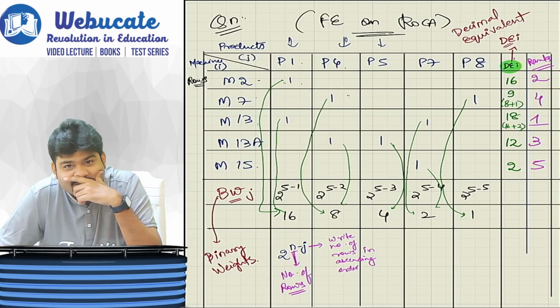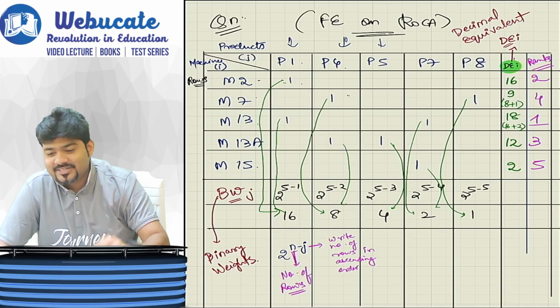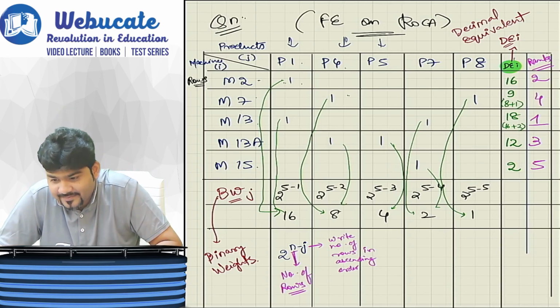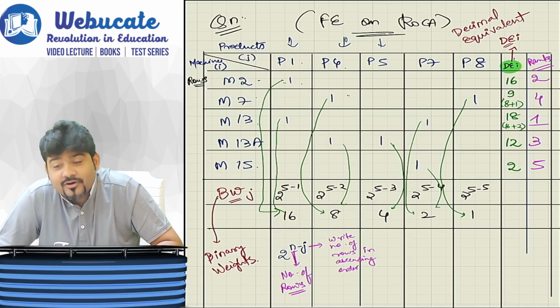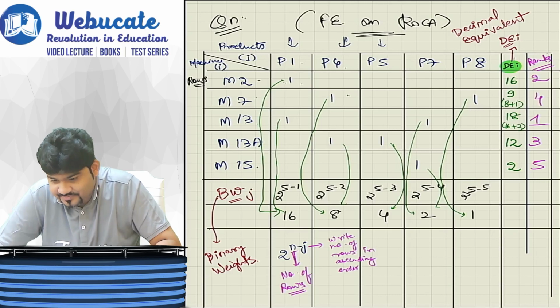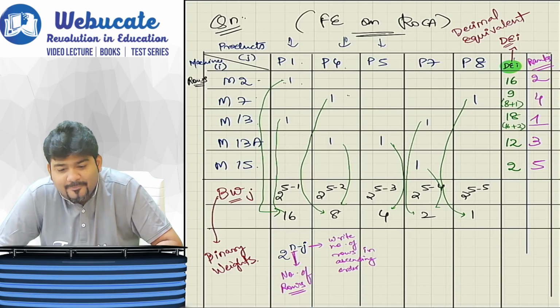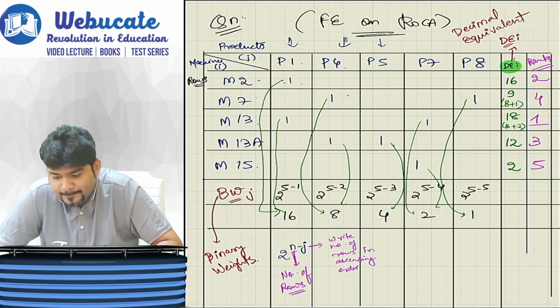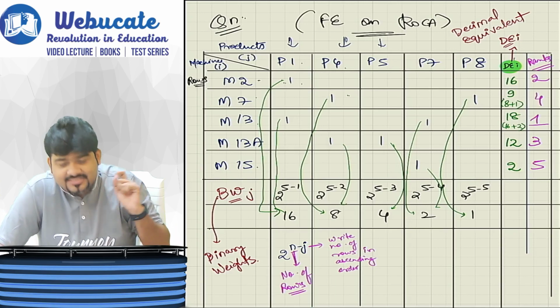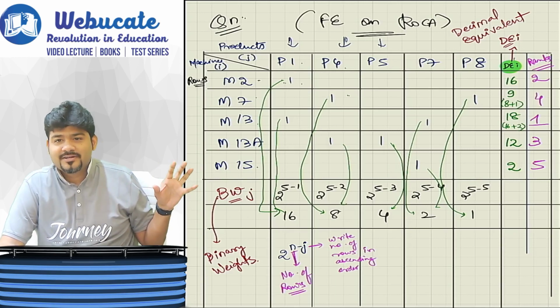Are we clear, everybody? So 1, 2, 3, 4, 5. Awesome. So with this, the first step is concluded.